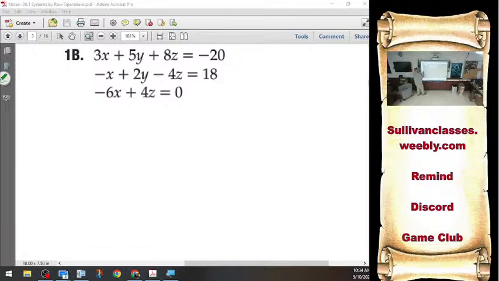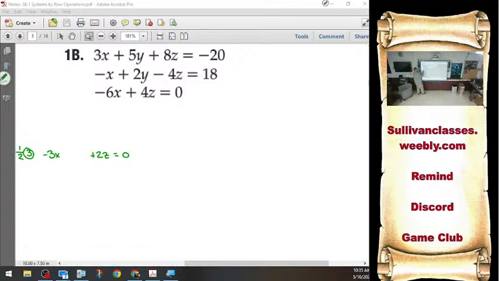Okay, so the bottom row, I can take a 2 out of there, so I'll say 1/2 row 3, or equation 3, negative 3x plus 2z is 0. I can swap rows at any time. And if I get that 1 or negative 1 in that top left corner, that command zone, it makes everything below it a lot easier.